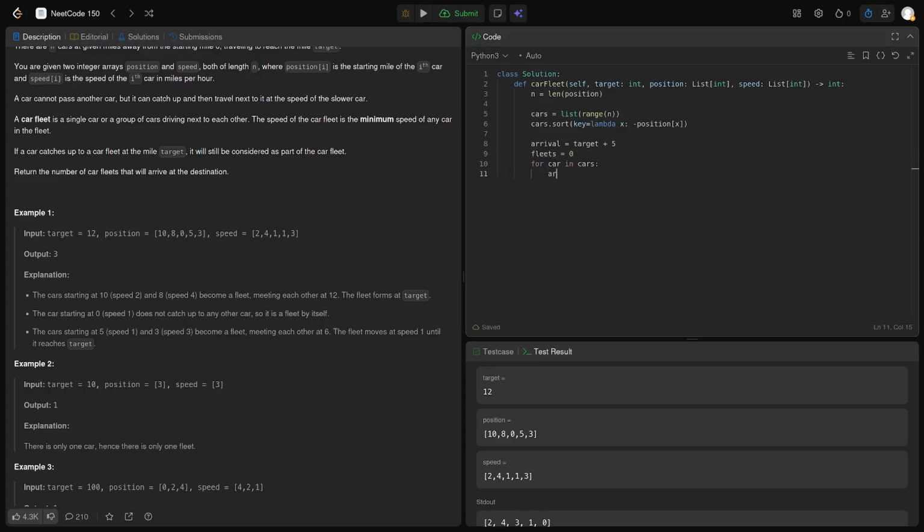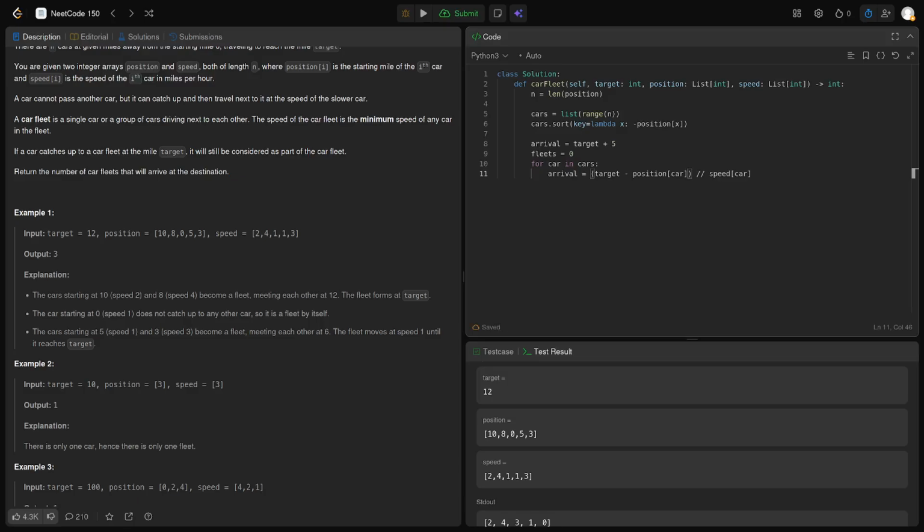Now the arrival of this car is equal to target minus the position of the car, and then we need to divide by the speed of the car.